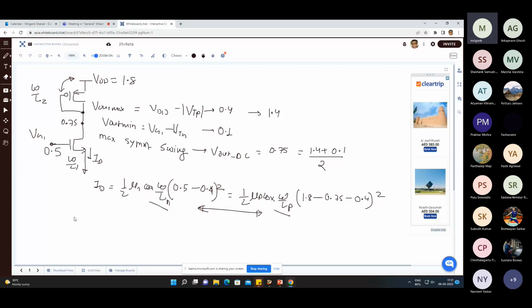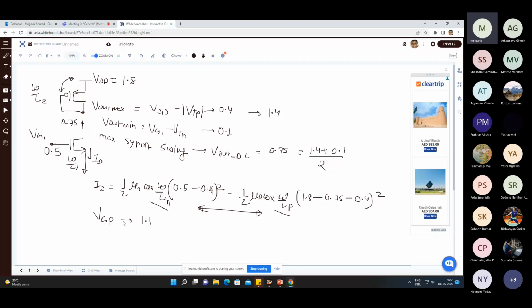You will figure out what the VGP is. Solving this equation, you can find out VGP.